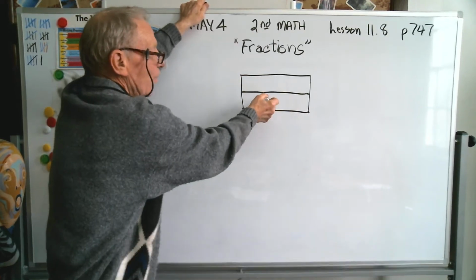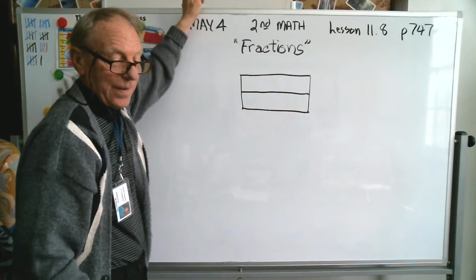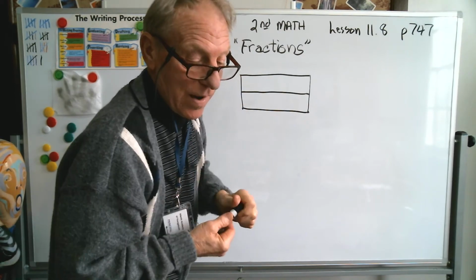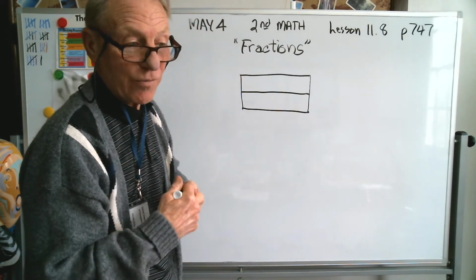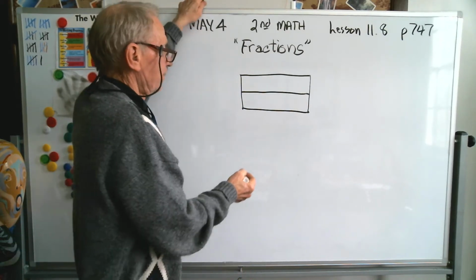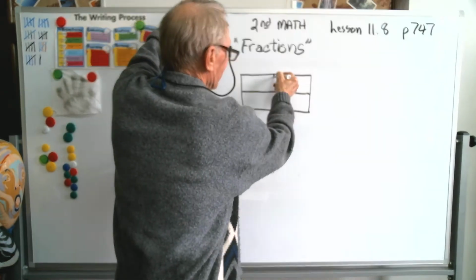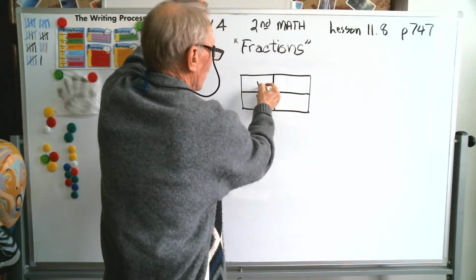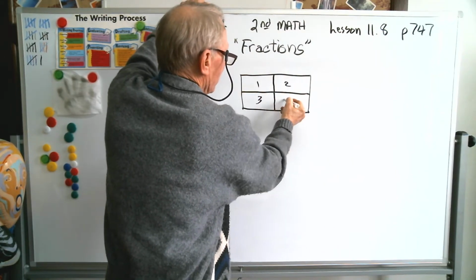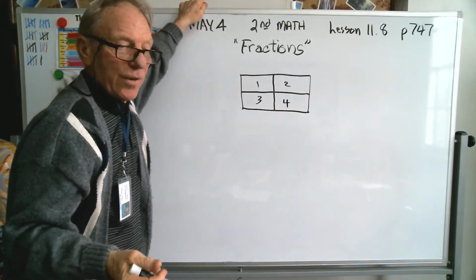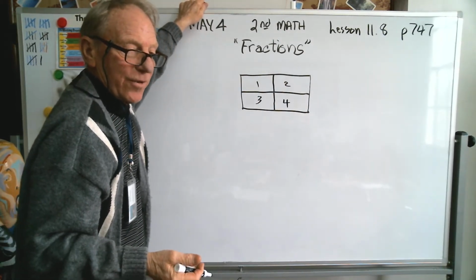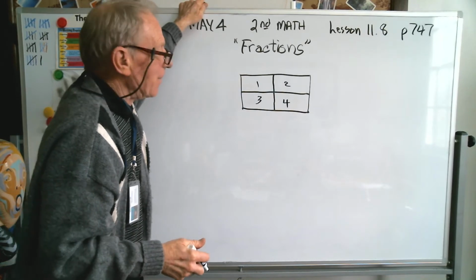And each one is equal. Then they go on to ask you to break it into 3 parts or 4 parts. Well, it's easy to break this into 4 parts. There's 1, 2, 3, 4. And if you cut each one of those parts out with your scissors, they would all be exactly the same.